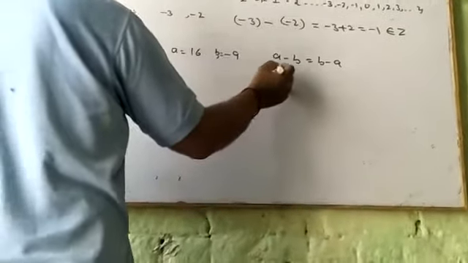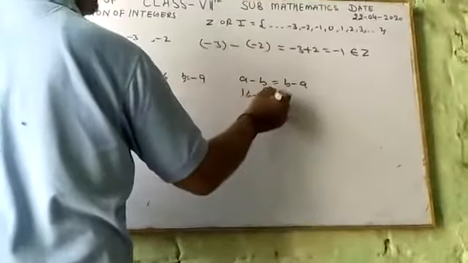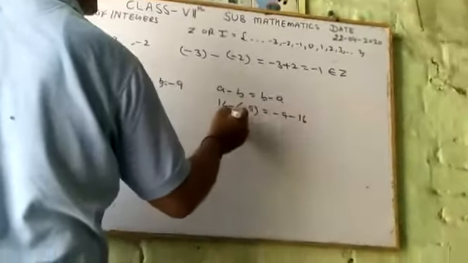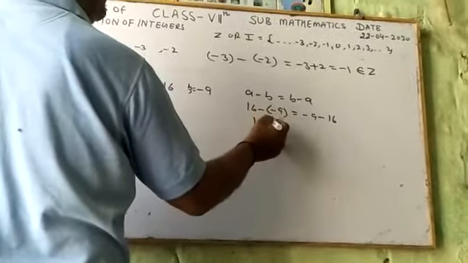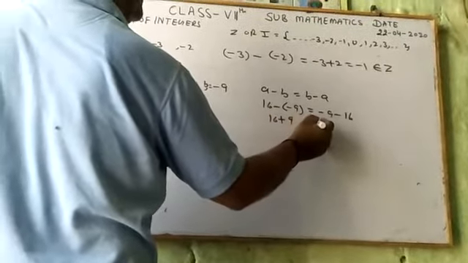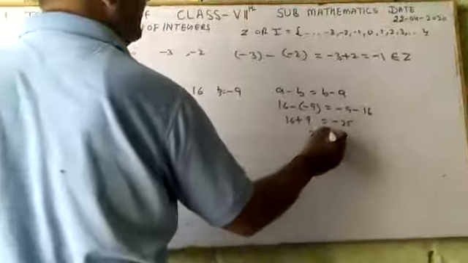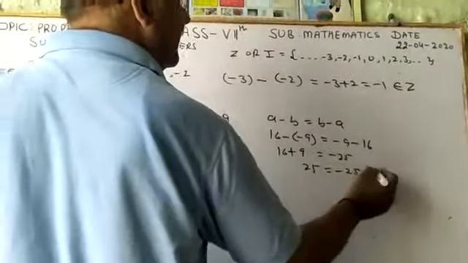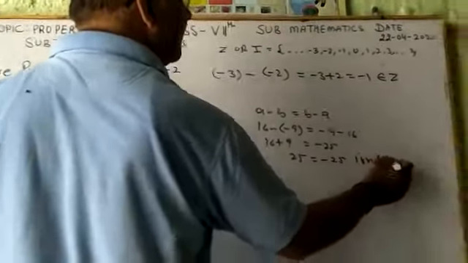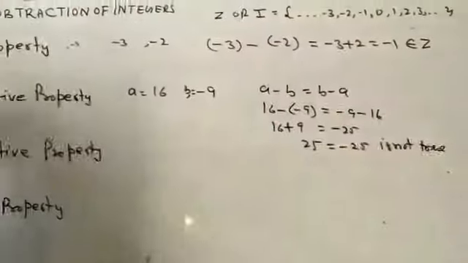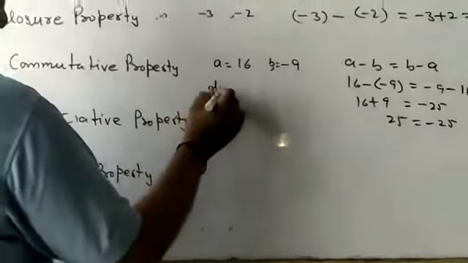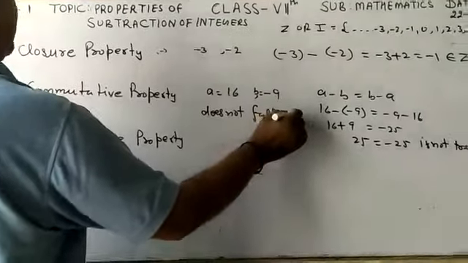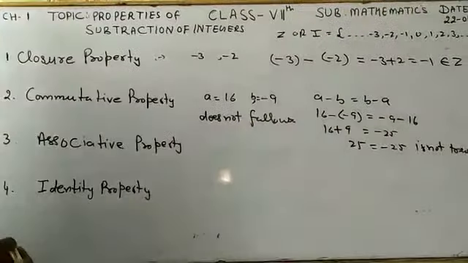Put the value of a, 16, minus the value of b, -9, and b, -9, minus the value of a, 16. We change the sign, so 16 plus 9 is 25, and -9 minus 16 is -25. So 25 equals -25? This is not true. So the commutative property does not hold for subtraction.